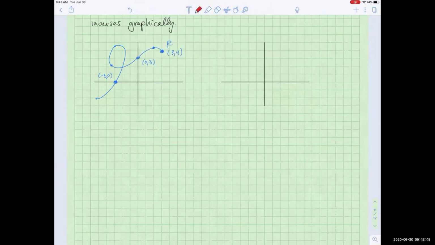What was (3, 0) is now (0, -3). What was (0, 3) is now (3, 0). Then we have another one at (4, 3), and (-5, -2) becomes (-2, -5). I know I left out some of those.